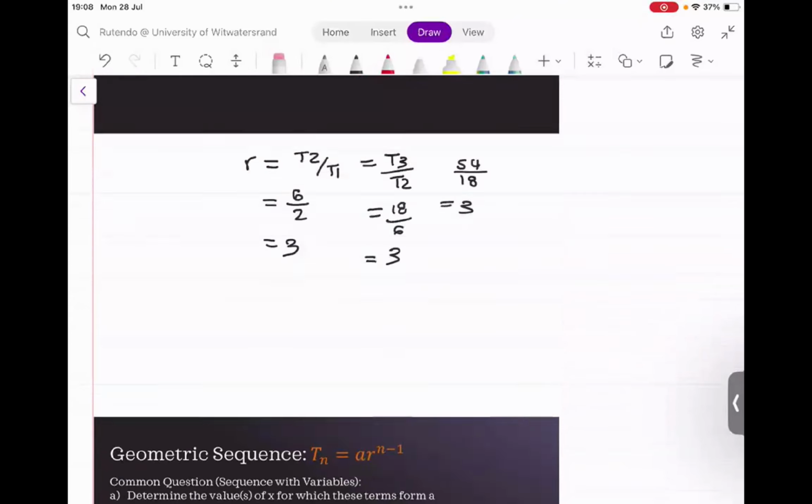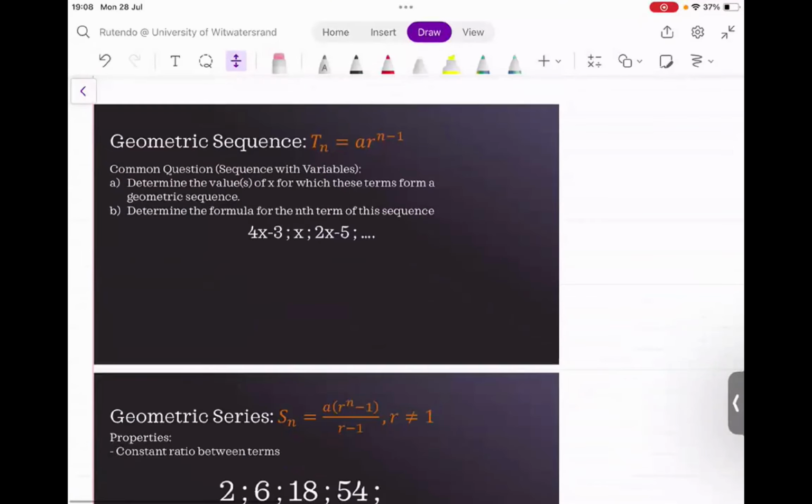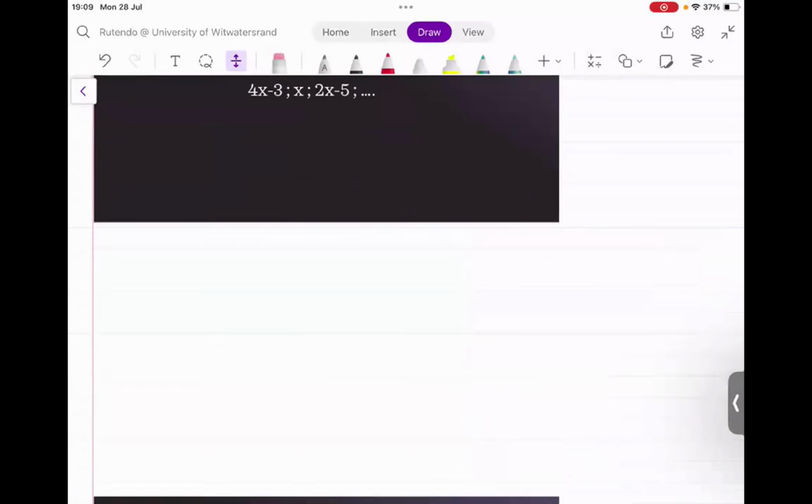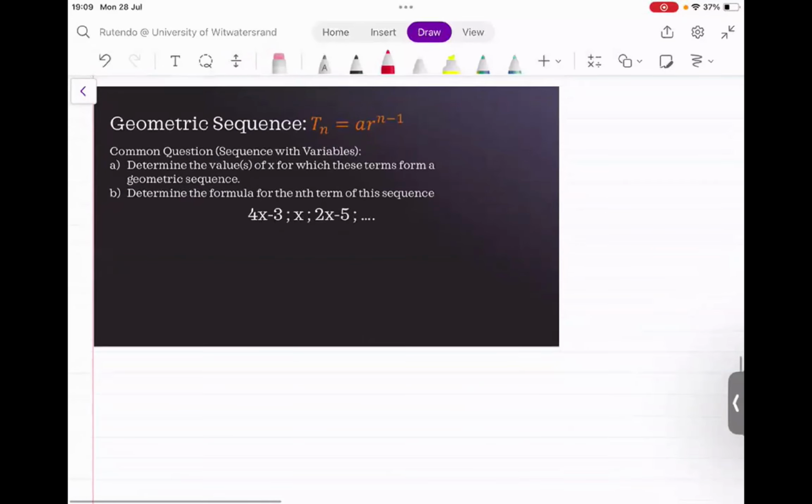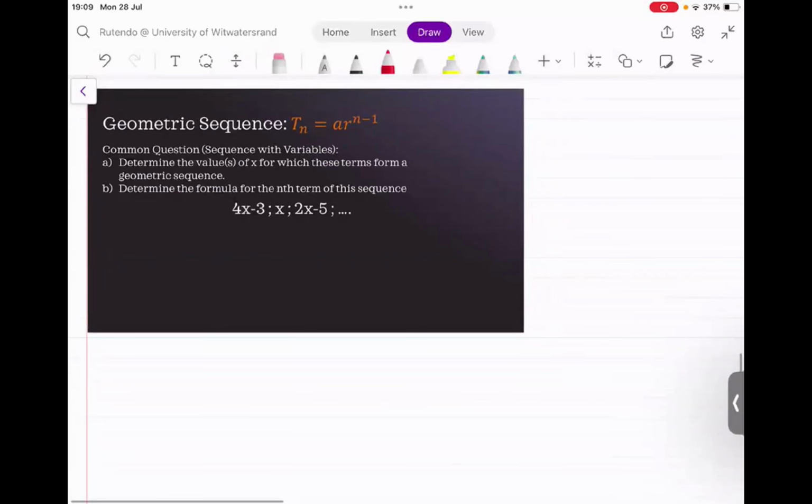Here we have been told that I have this geometric sequence, and I want to know what is the value of x and what is the formula for the sequence. We did something similar when we were doing arithmetic. What did we do? What did we find first? What was our step 1?